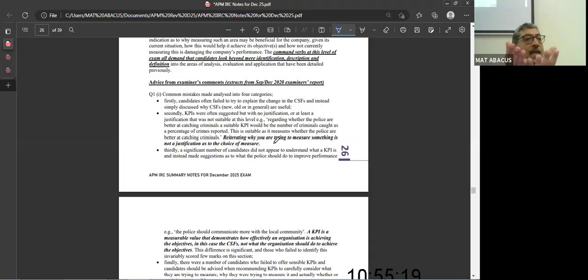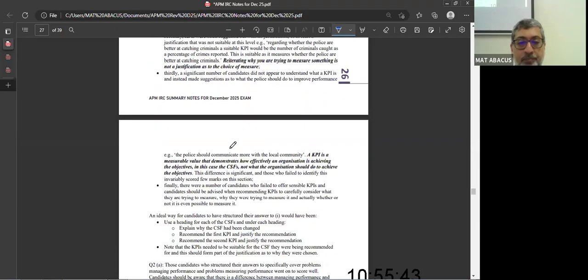It should measure something that allows us to achieve an objective. In this case, being a non-profit making organization, it should be something related to efficiency or effectiveness. So just saying what you're trying to do is not really why. What you're trying to do is different from why you're trying to do it. So this is also very important.